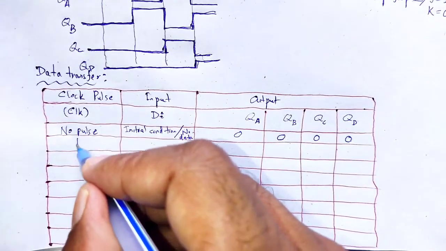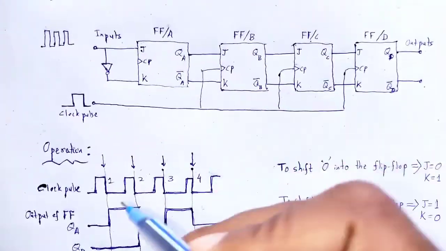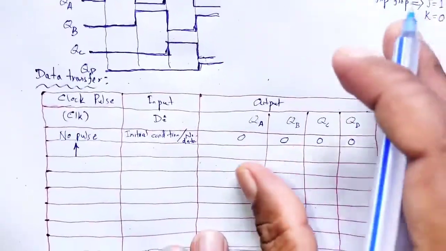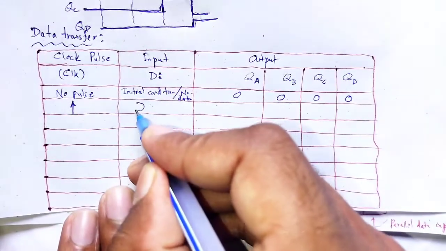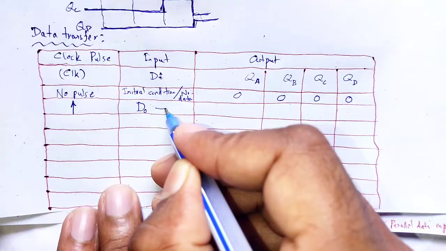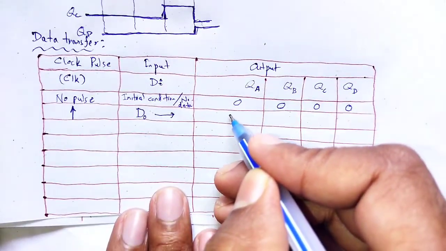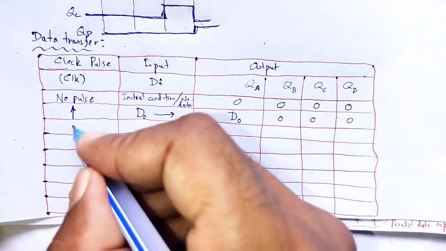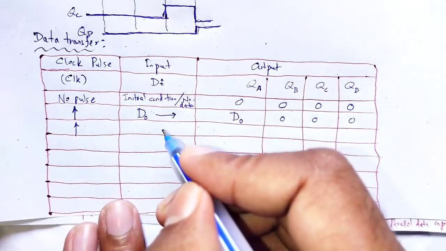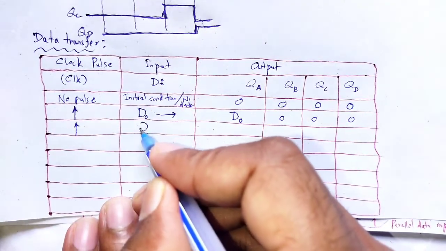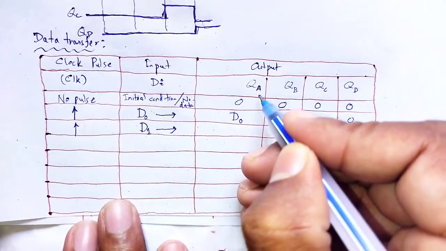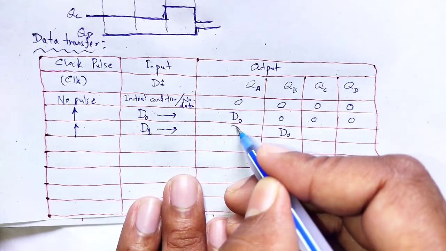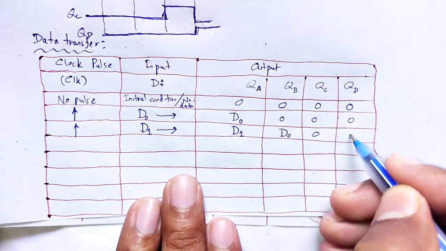When the first pulse is applied, our input is D0, so at output QA we have D0 and all others are 0. Again another pulse is applied, input D1, so at output D0 is shifted by one position, then D1, all others 0.